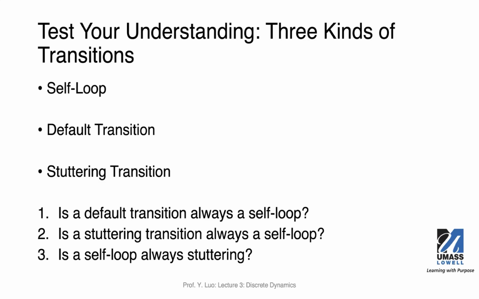Third question, is a self loop always stuttering? No, because stuttering only happens if all the inputs are absent, and a self loop could have an input and output. Yeah, right. Thank you.